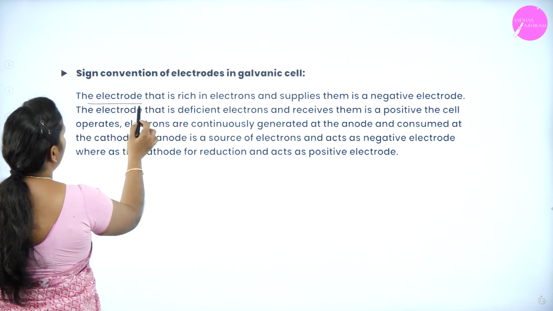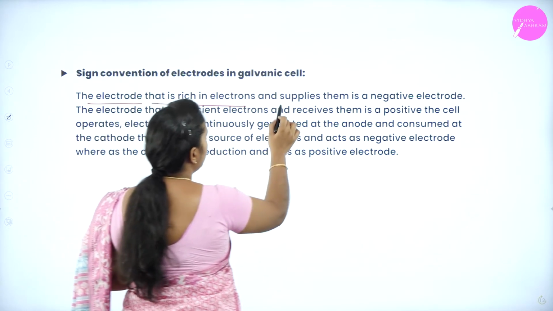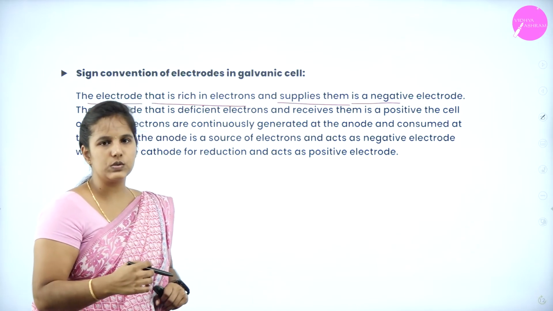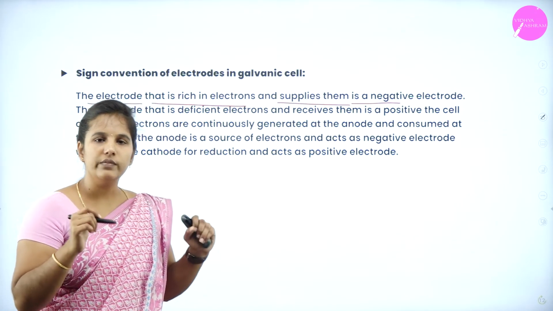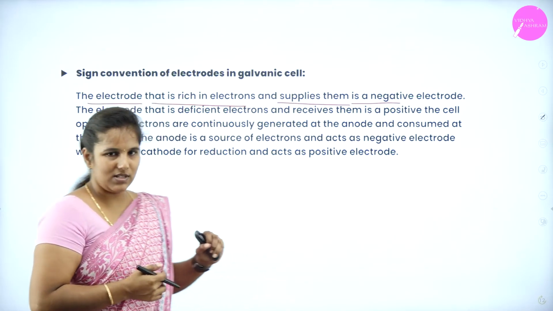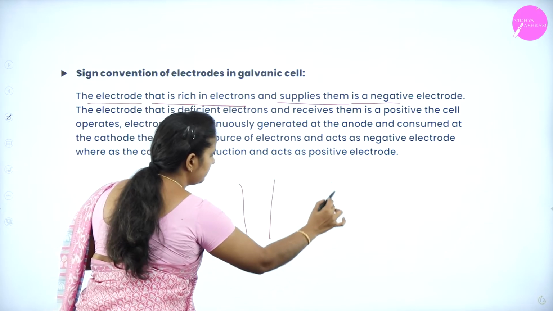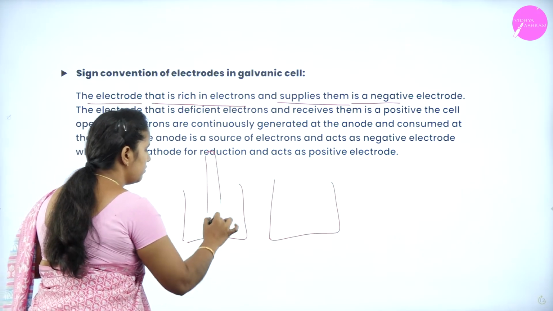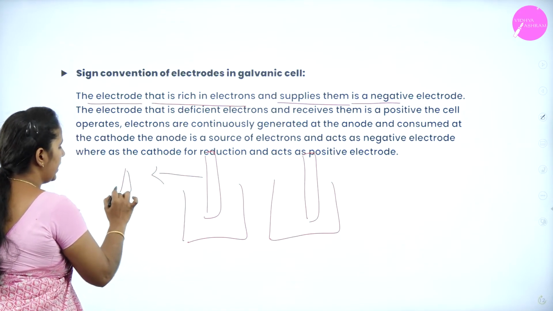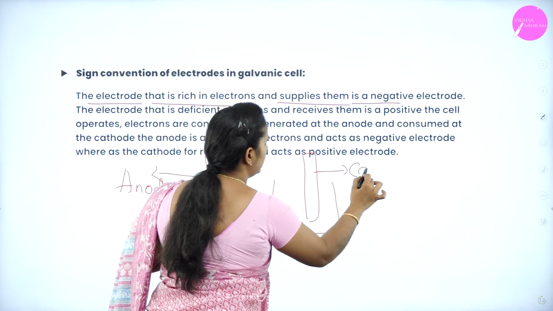The electrode that is rich in electrons and supplies them is the negative electrode, which means that at the anode, we all know that oxidation takes place, right? Suppose, imagine you have two cells which consist of electrodes. Let us consider this will act like an anode and here it will act like a cathode.